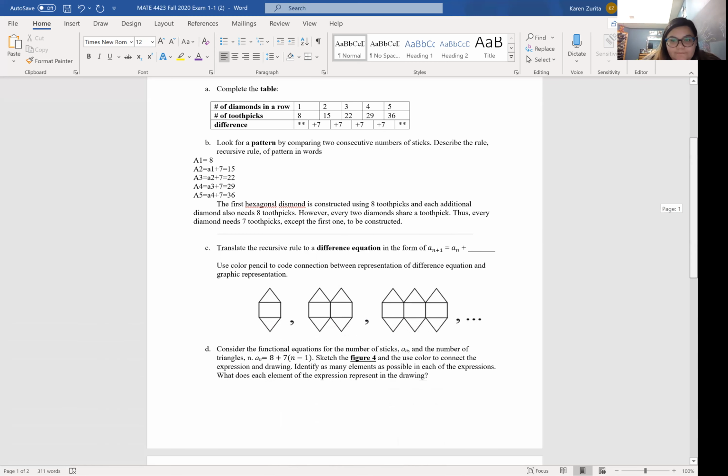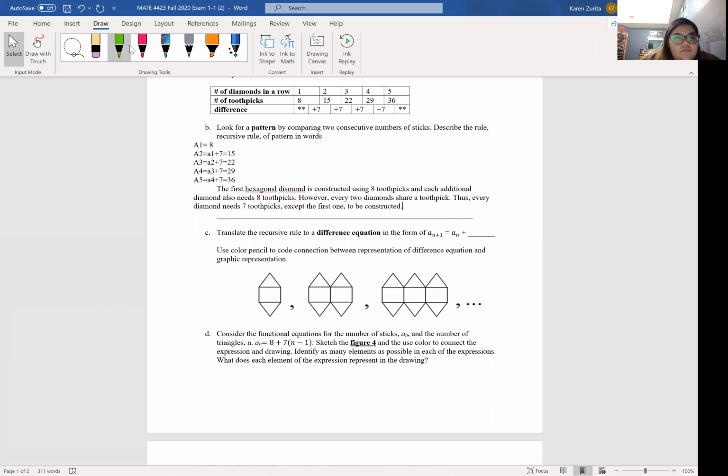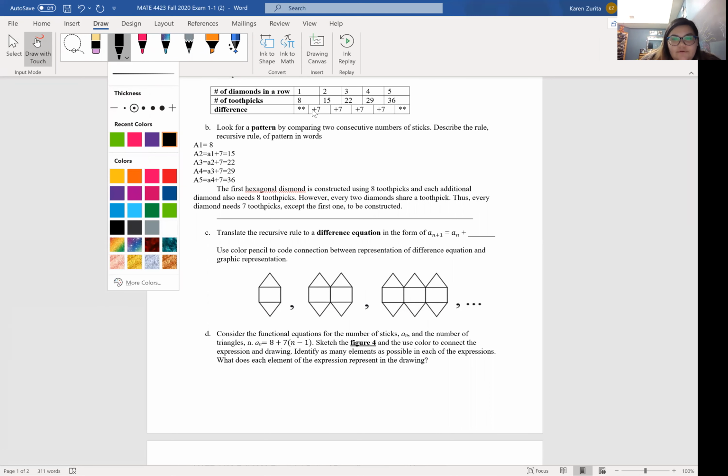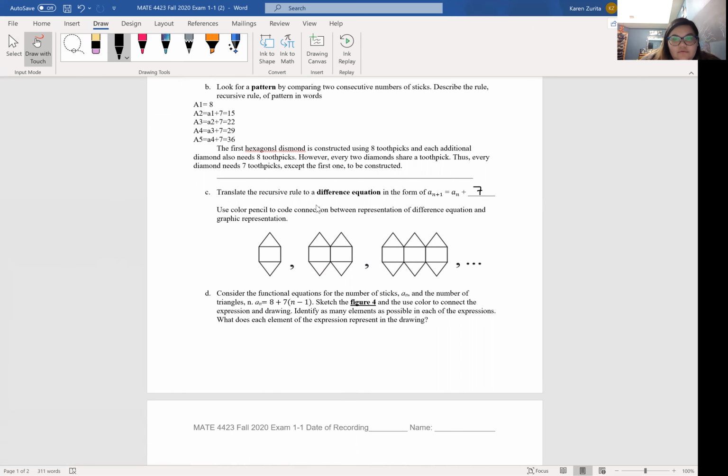Then from the difference here, we can see that A(n+1) equals A(n) plus 7. So now we can do that too.